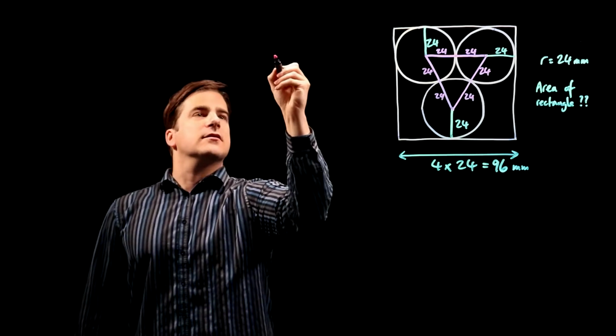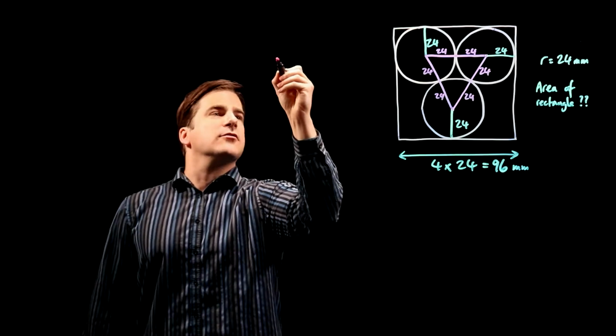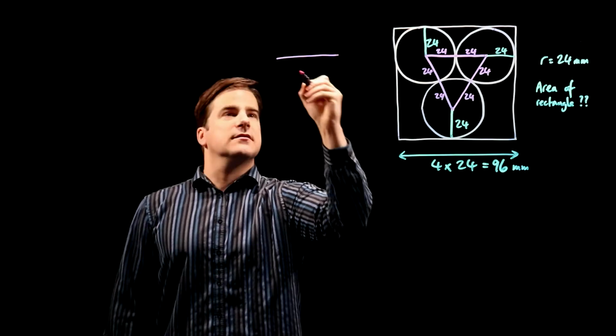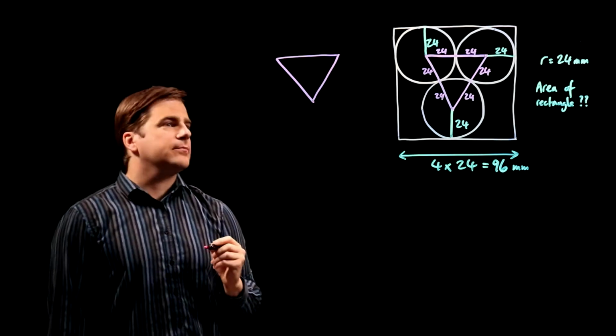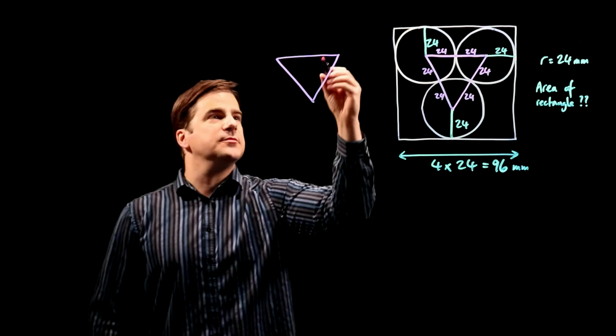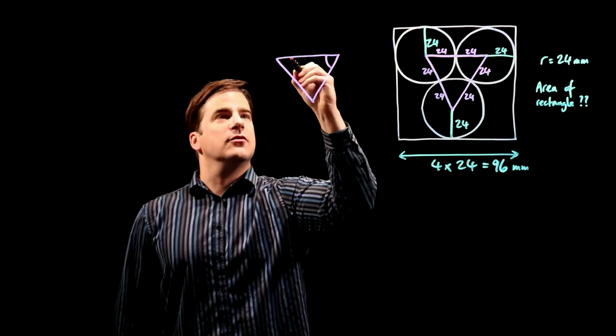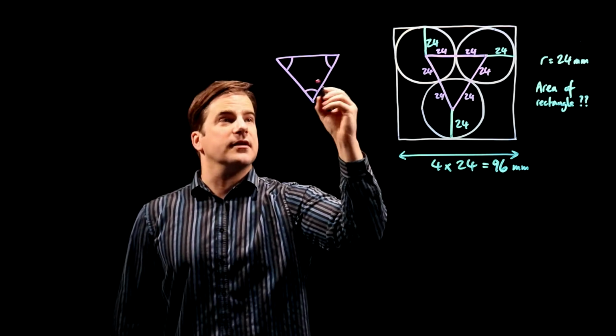So, let's look at this triangle. I'll try and draw it the same size-ish. Okay, it's equilateral, which means that all of the angles are 60 degrees, okay?